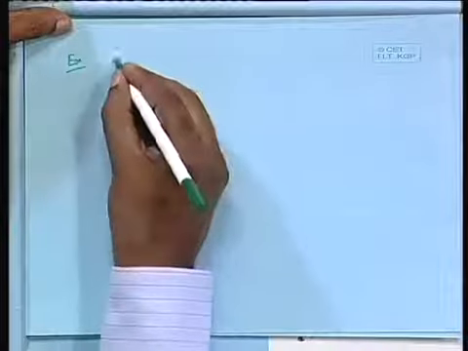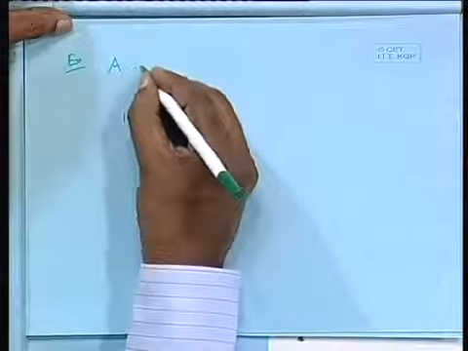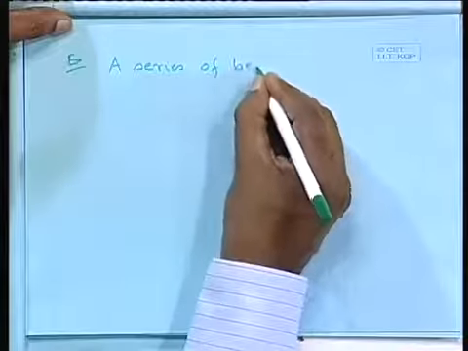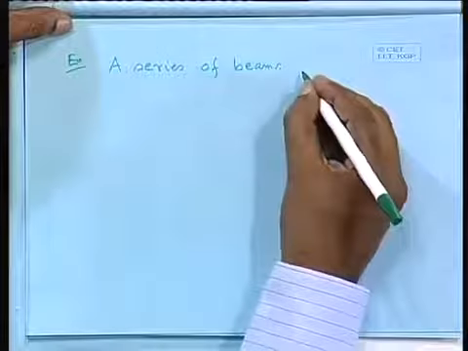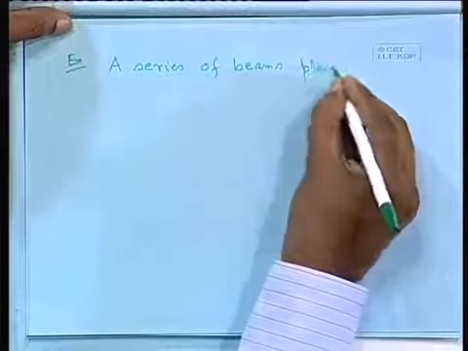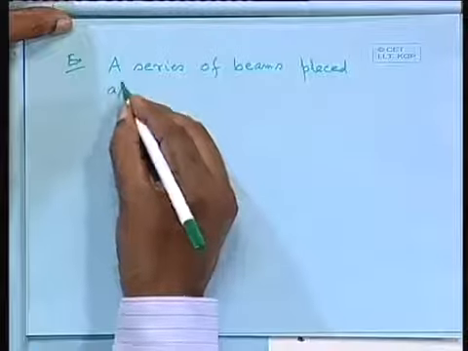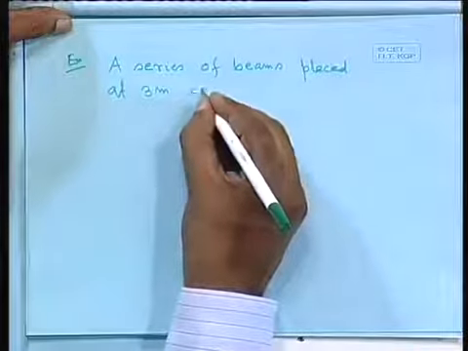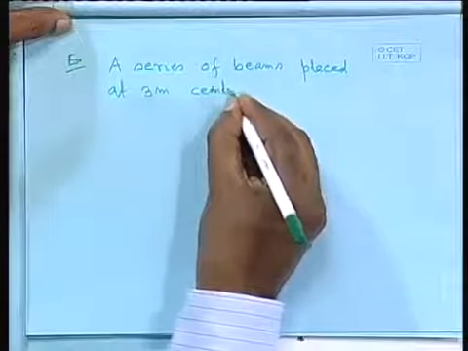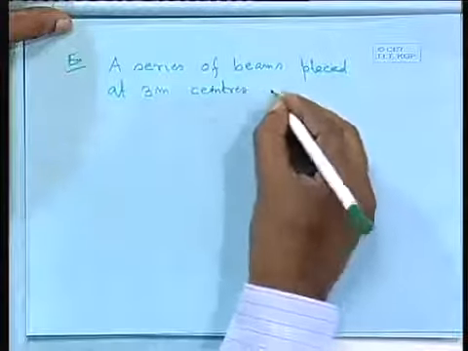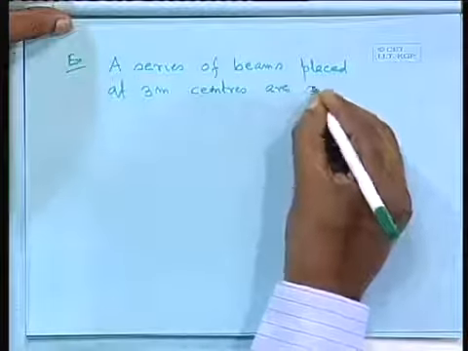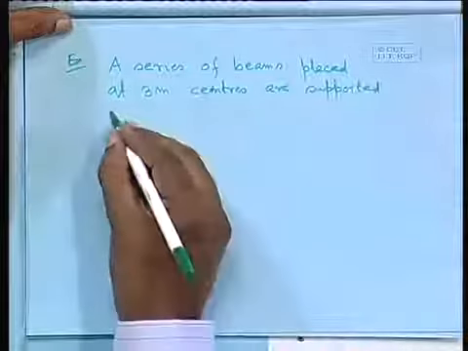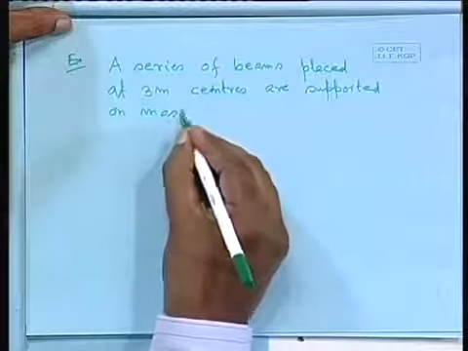So let us write down the problem first. A series of beams placed at 3 meter are supported on masonry walls.